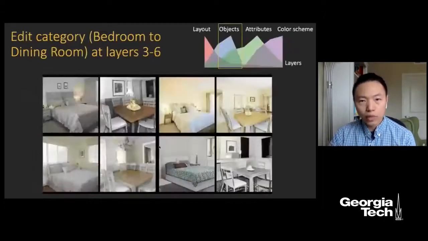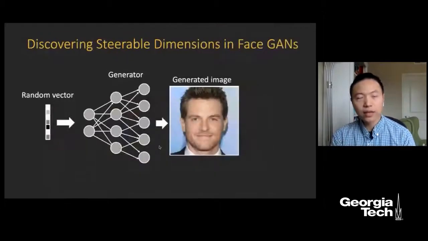Here I would like to switch gears and take a look at another model. We have this model for face synthesis. We train on faces, and then we have this face synthesis model.